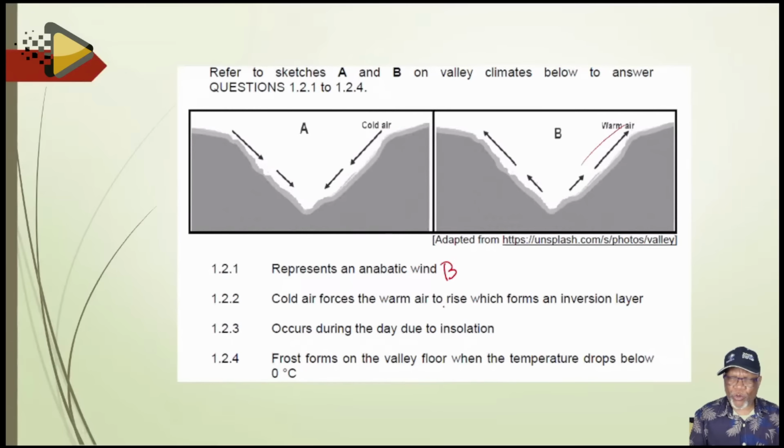Cold air forces the warm air to rise, which forms an inversion layer.